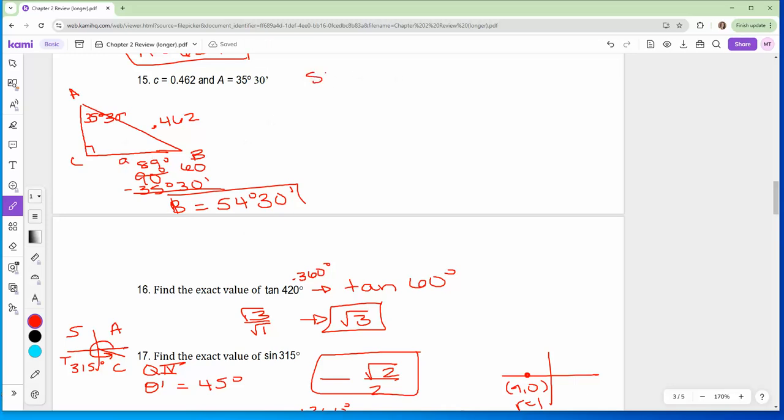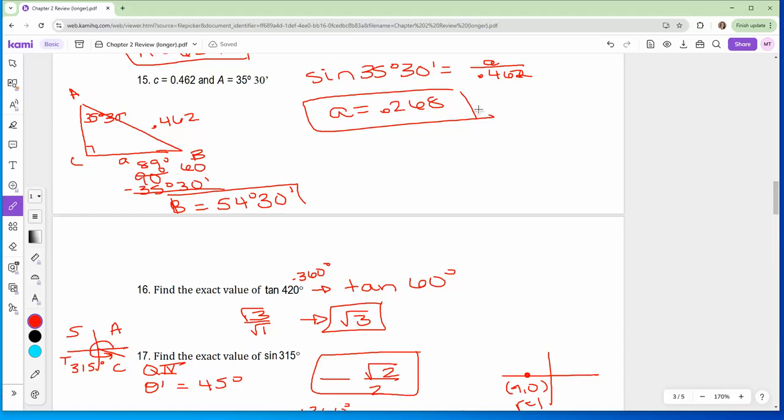So we can say the sine of 35 degrees, 30 minutes is a over 0.462. Multiply that over. Okay, 3 significant digits, so if you match it, it would be 0.268.